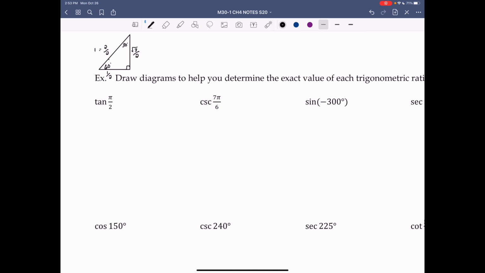Then if I'm focused on angle 60 in this particular triangle, the opposite side, which is the y value, is root 3 over 2, and the adjacent side, which is the x value, is 1/2. I can also rotate the triangle so that angle 30 is in the bottom left.